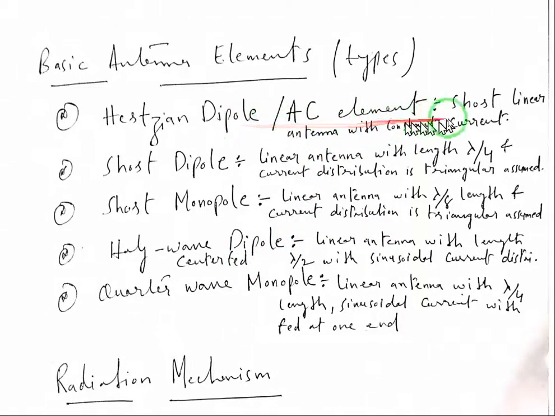Hertzian dipole comes under the category of linear antenna. That is, all of the elements that are connected to make an antenna have the same characteristics, and the current distribution is assumed to be constant in all of the Hertzian dipole length.